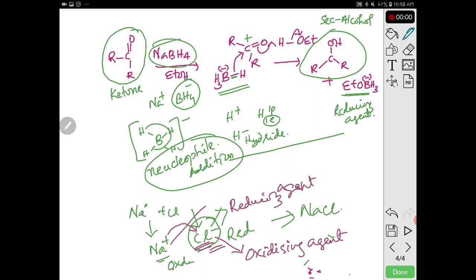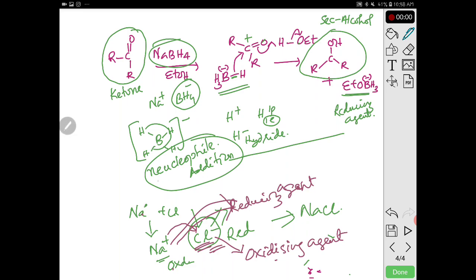So sodium is the reducing agent, and chlorine is the oxidizing agent. And please understand, the reducing agent will get oxidized and the oxidizing agent will get reduced. This also you must remember.